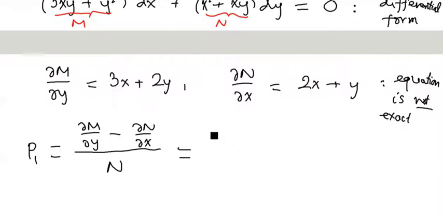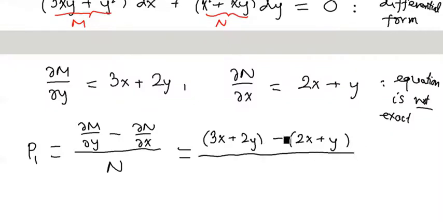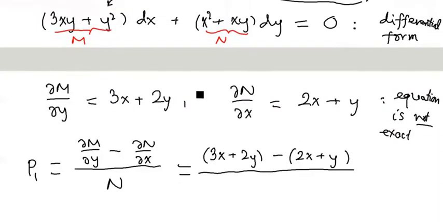Let's plug in. We have 3x plus 2y in parentheses minus partial N, partial x in parentheses, which is 2x plus y, and all divided by N, which is x squared plus xy.